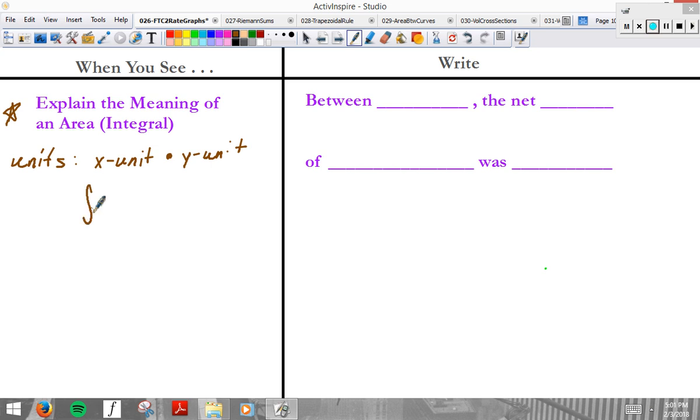And that's because the integral comes into play here. We have f of x, my y units, times my dx, my x units, measuring that in the y unit, whatever the y unit would be, and that in the x unit.